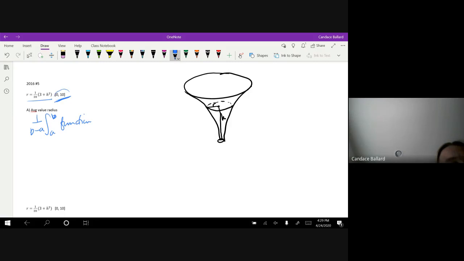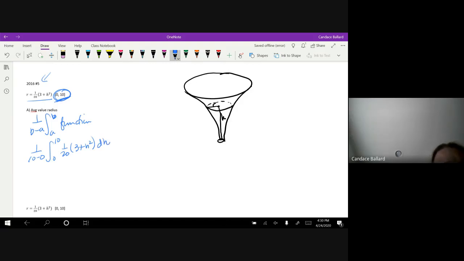So I know that this here is my interval. So I've got 1 over 10 minus 0, from 0 to 10. And then the function, I am going to have to integrate this by hand. This is a number 5, so it would be without a calculator. So we've got 1 over 20, 3 plus h squared, and then dh.